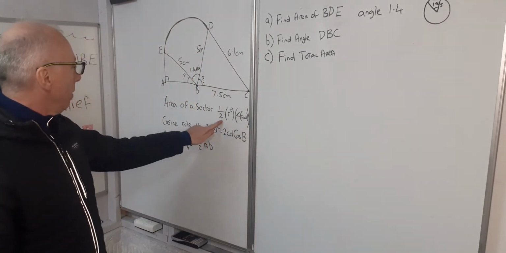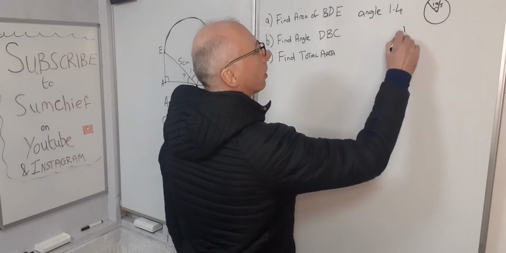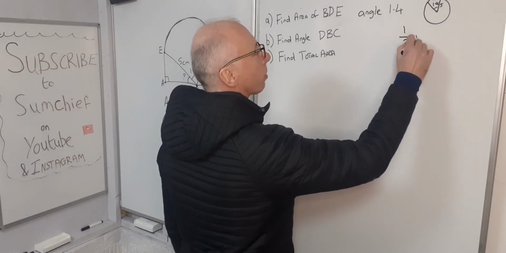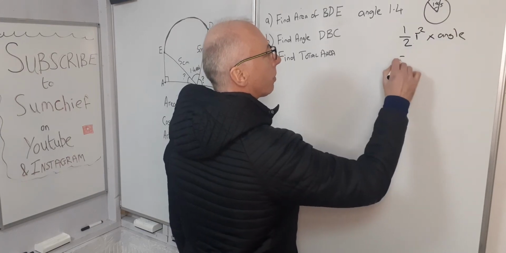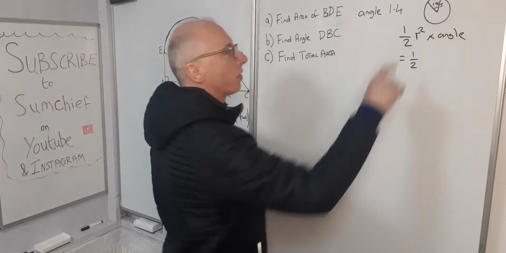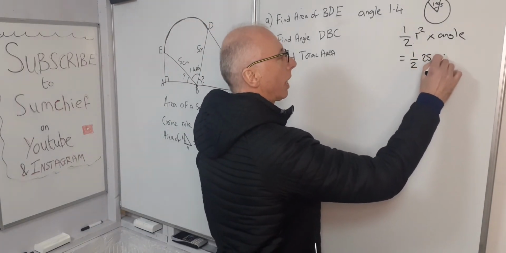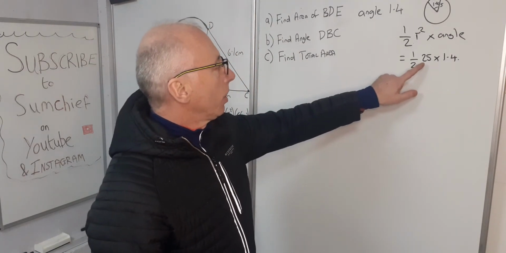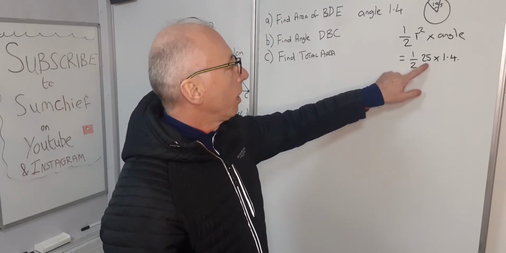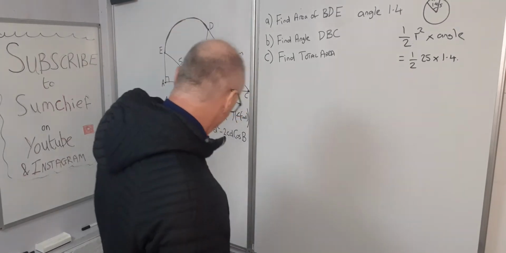So the area of a sector is a half times the radius squared times the angle, which gives us a half times 5 squared, which is 25, times the angle, which is 1.4. So half times 25 is 12.5. 12.5 times 1.4.